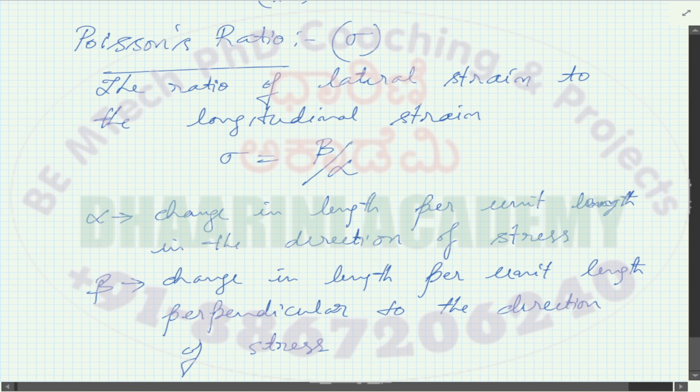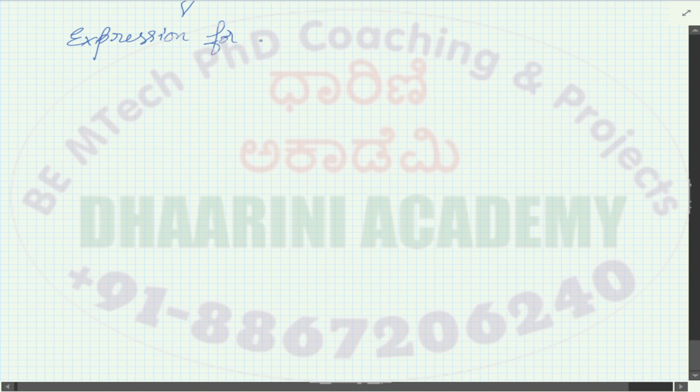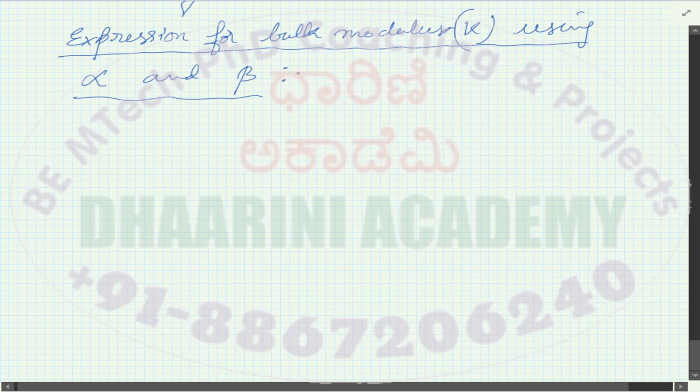So this is the expression for bulk modulus K using alpha and beta. Okay, now let us consider a diagram first.